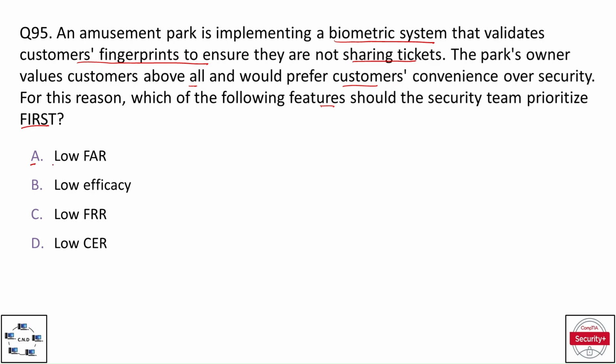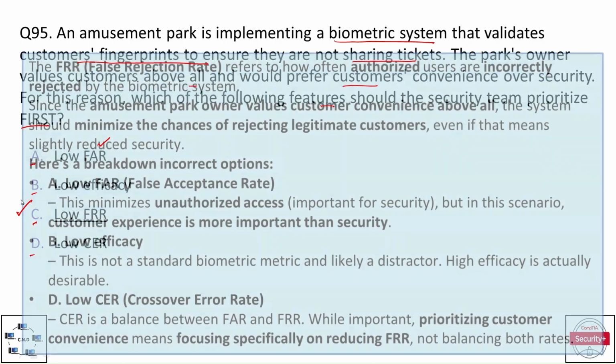The options are option A, low FAR, that is false acceptance rate, option B, low efficacy, option C, low FRR, that is false rejection rate, and option D, low CER, that is crossover error rate. And the correct option is option C, low FRR.